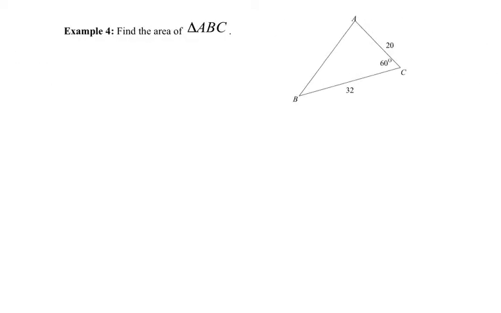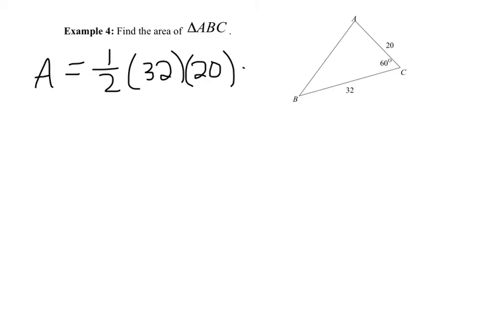So let's try it. So in this case, our area is going to be half of the two sides we know times sine of the angle in between them. So half of 32 is 16 times 20.